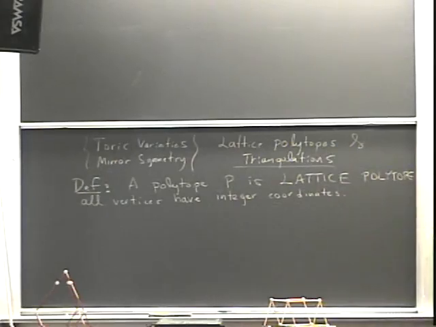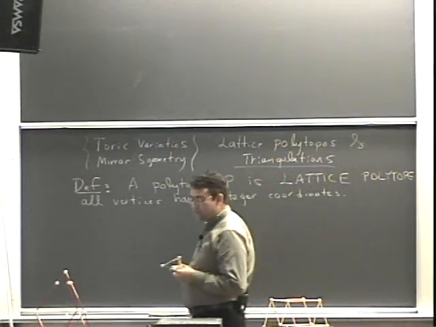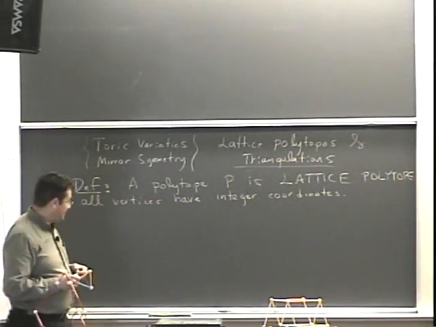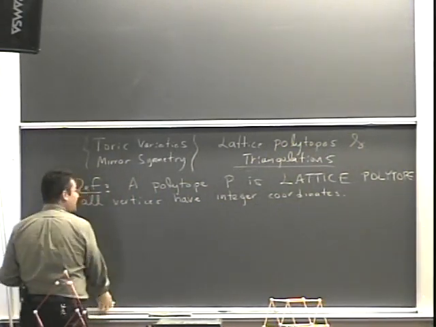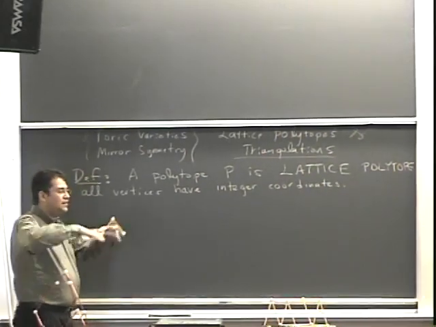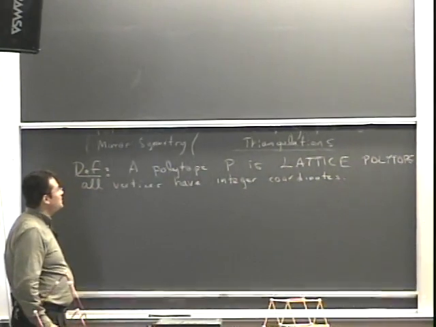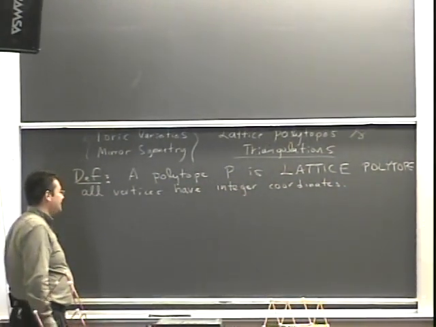Okay, so one of the most beautiful results about lattice polytopes was discovered in the 1950s by a high school teacher in France. I'm going to state the theorem, and from this theorem I'm going to derive everything today. In my opinion, this is one of the most beautiful theorems in mathematics.